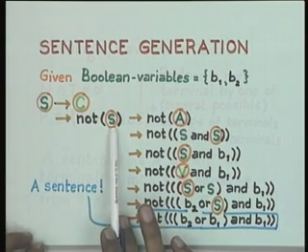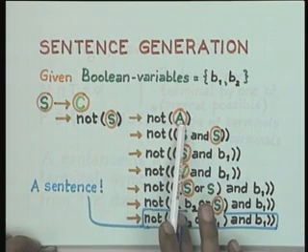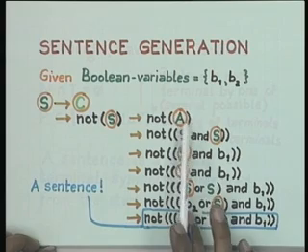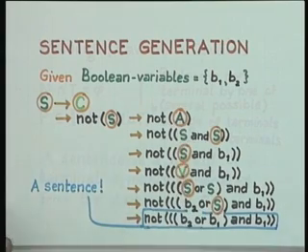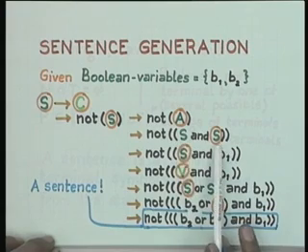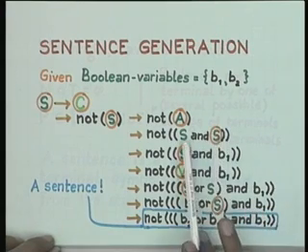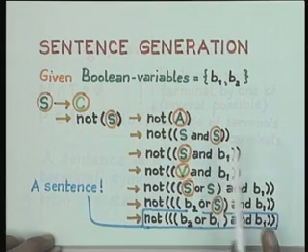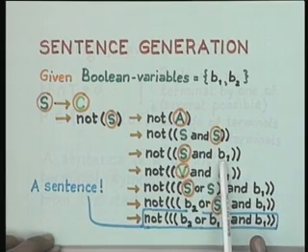I have chosen here to replace S by A, and once I have got an A there, the only possibility is to replace it by something of this form, S and S. I have chosen to replace this S rather than this S first, and I have chosen to replace it by a Boolean variable.